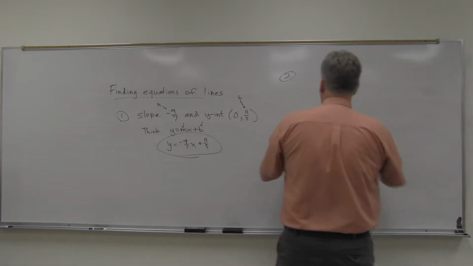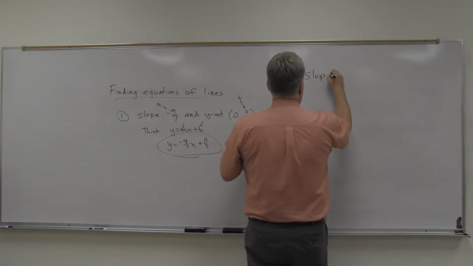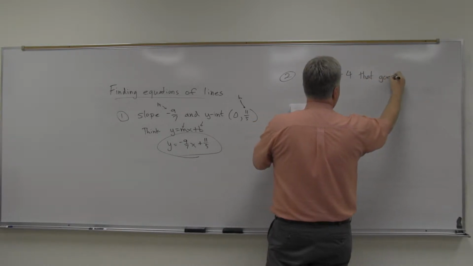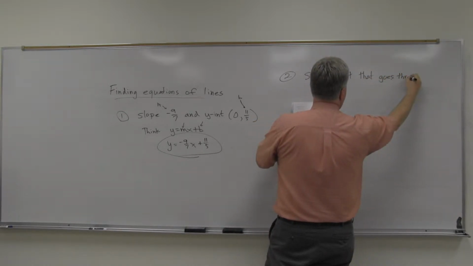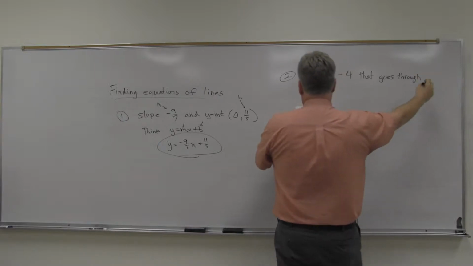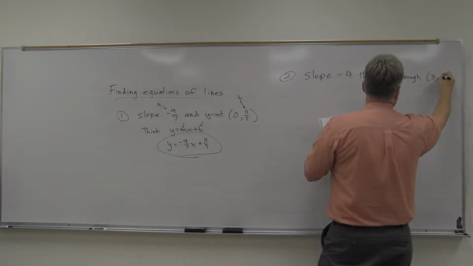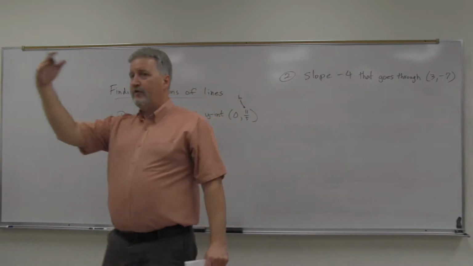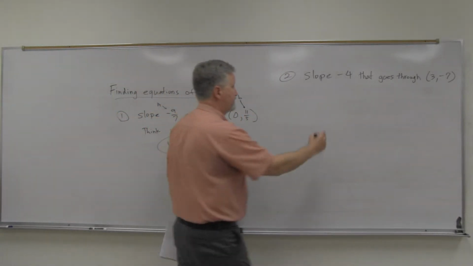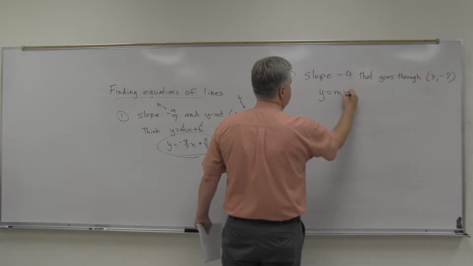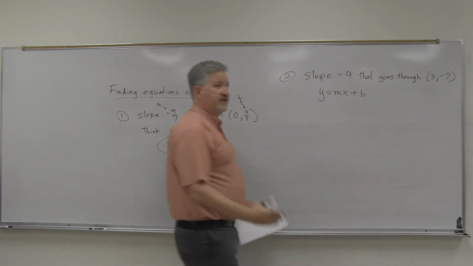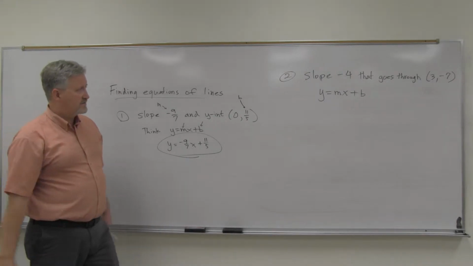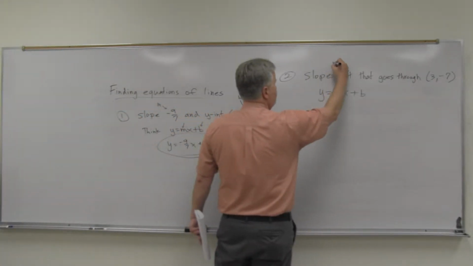Number 2. This one we're going to have slope -4 that goes through (3, -7). Again, I'm finding the equation of a line, so I'm thinking y equals mx plus b. And good news again, I've got one of them. M is the slope, so m here is -4.